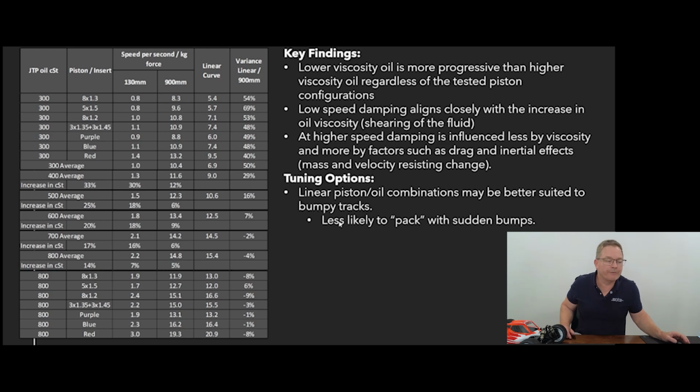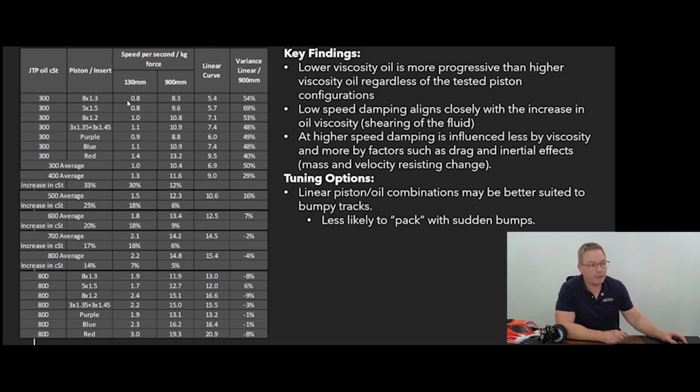Okay, so what would it mean for a tuning option? Linear piston oil combinations may be better for bumpy tracks, which is controversial, as the 5 by 1.5 has always been considered the champion of bumpy tracks. But I would argue with this data that the 8 by 1.3 is just as capable.